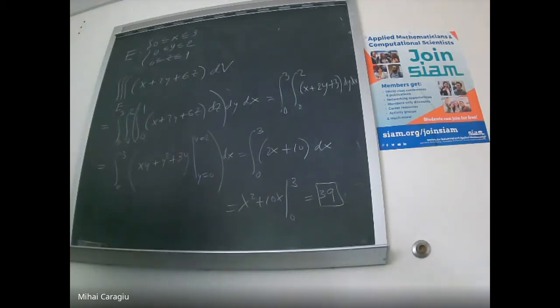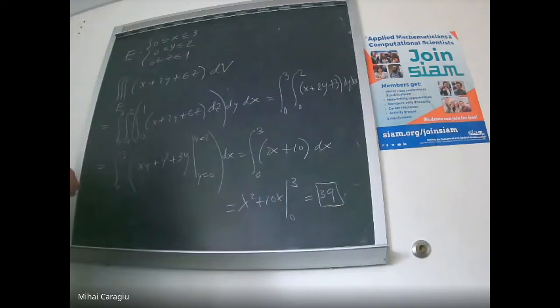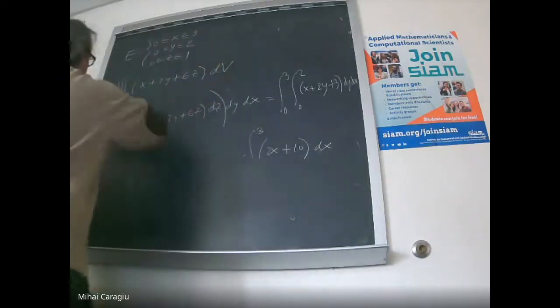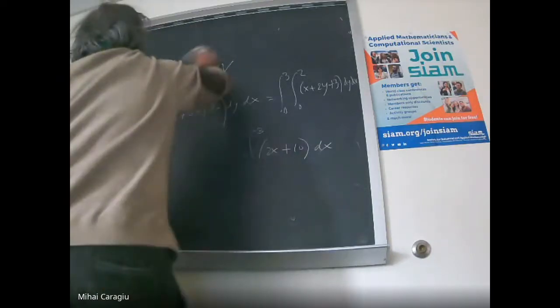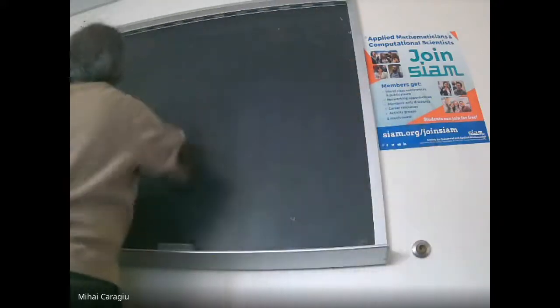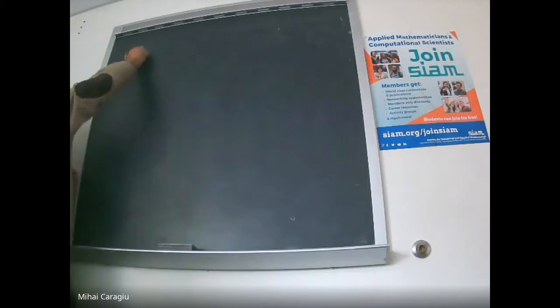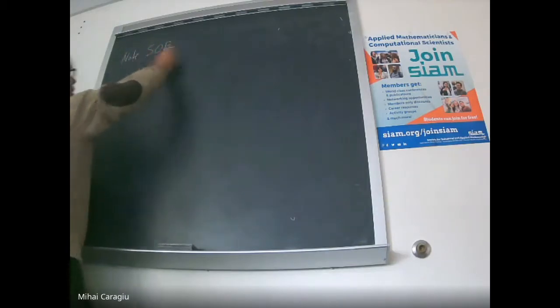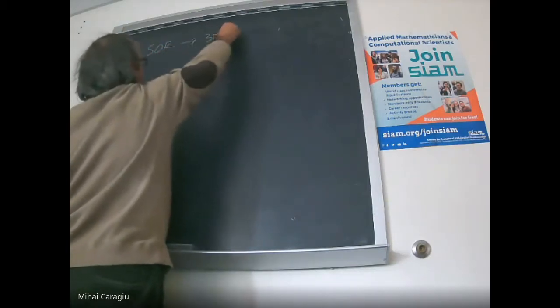Okay, so it's pretty clear how to integrate over boxes by using the 3D version of Fubini's theorem. Again, let's mention the simple case of separable functions over rectangles, the three-dimensional version.